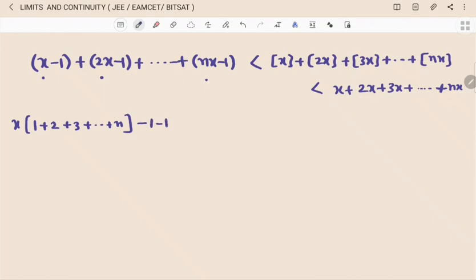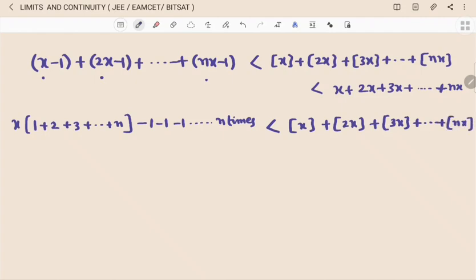So minus 1, minus 1, minus 1 and so on n times, which is less than [x] plus [2x] plus [3x] plus and so on [nx] is less than, here also x common, 1 plus 2 plus 3 plus and so on plus n.